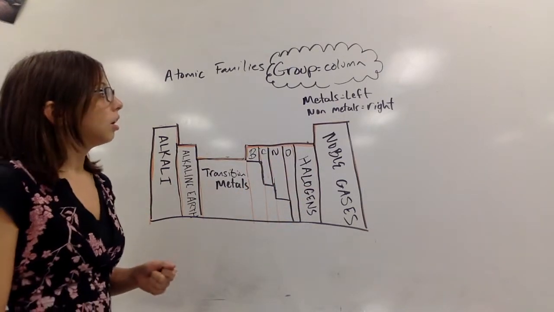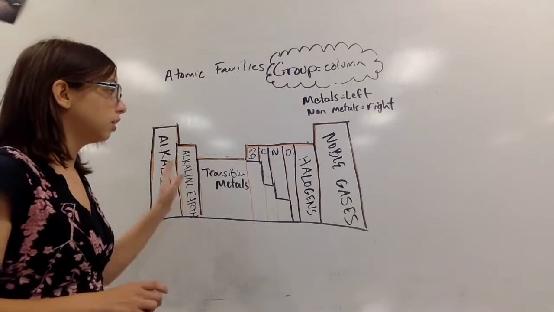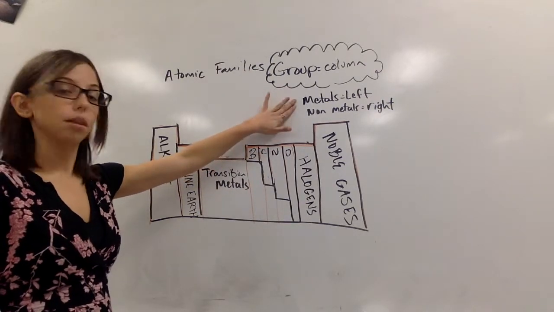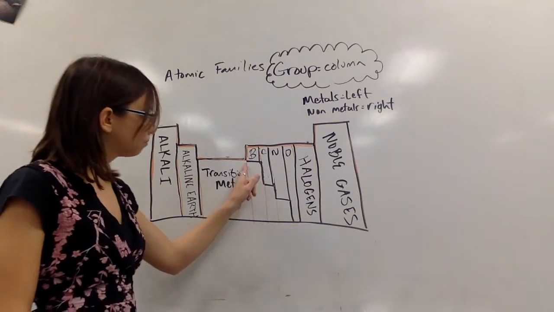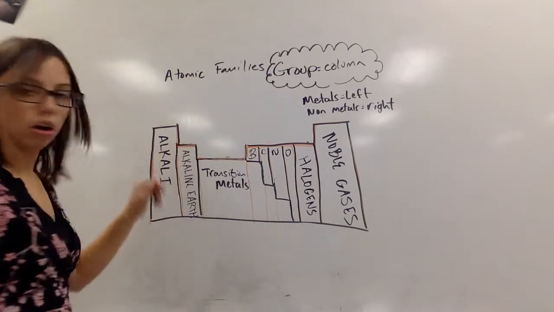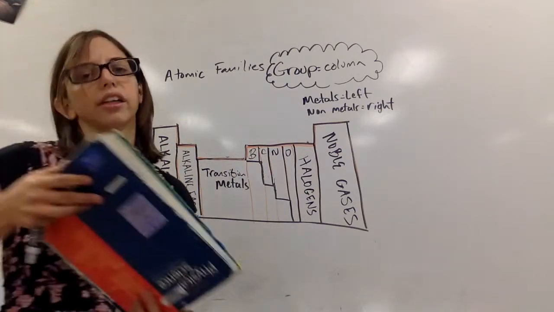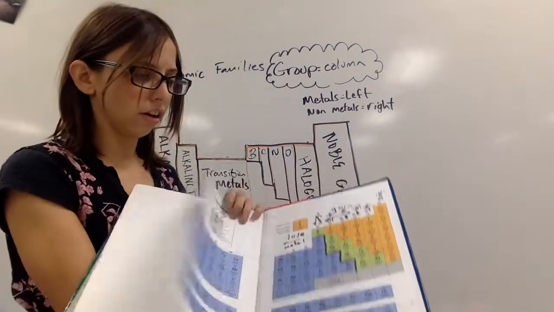Another thing you should be familiar with, before we talk about the individual groups, are the big subcategories on the periodic table. We have the metals and the nonmetals. The metals are on the left, from the transition metals over. If you have your own reference table, a lot of them are color coordinated to help you find each of those.